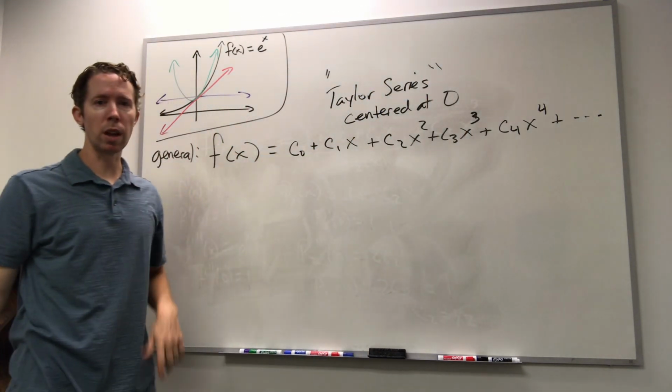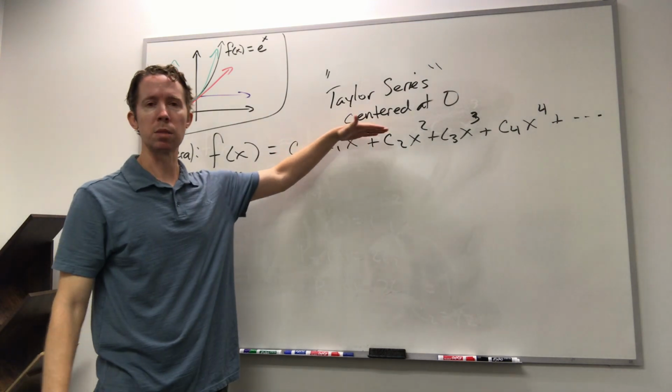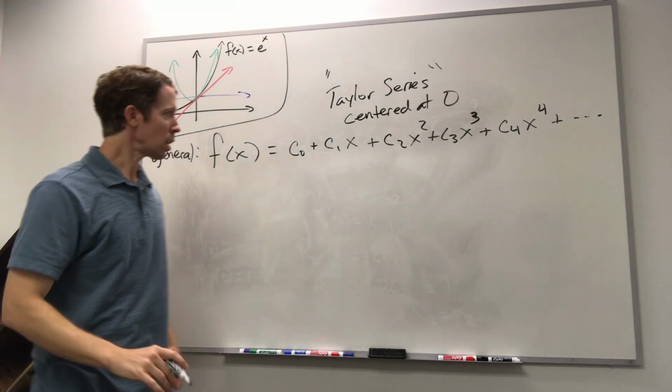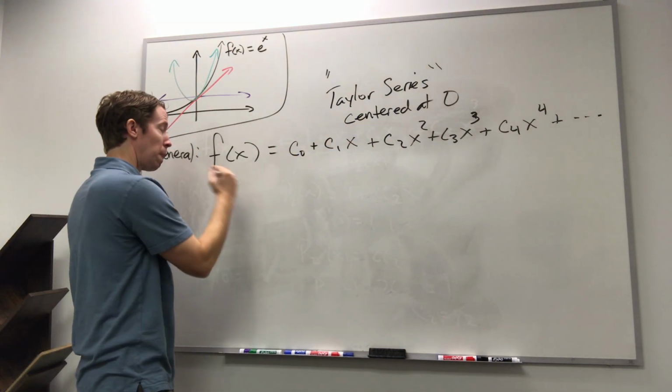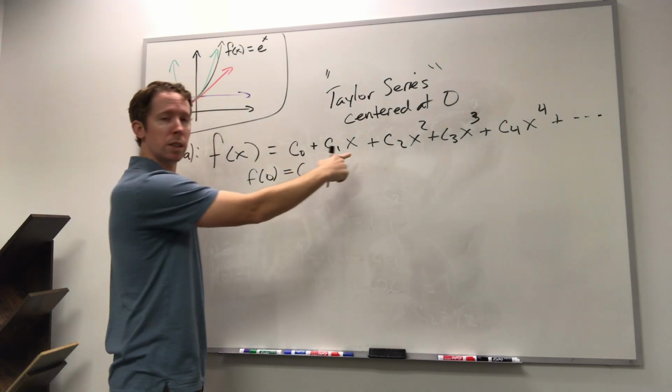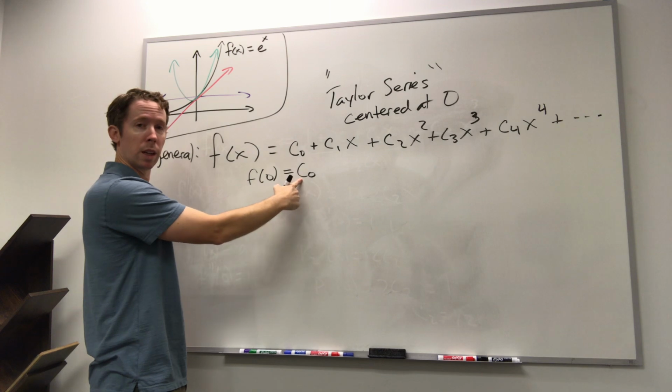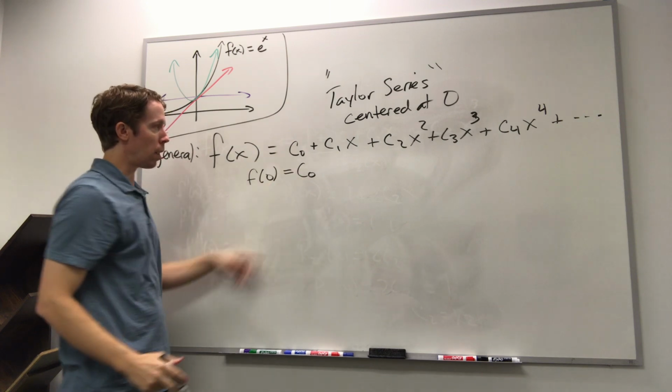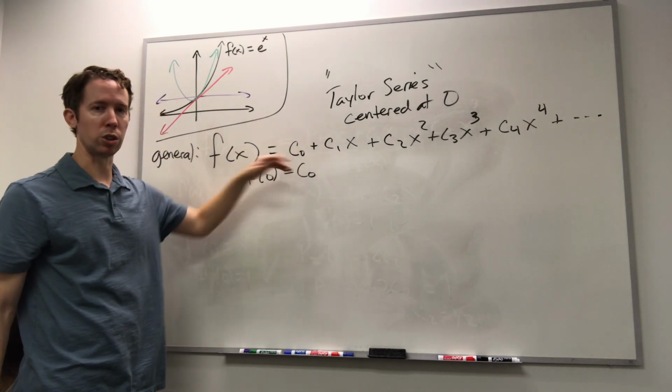There's another technical name for a Taylor series centered at 0. It's a Maclaurin series. Not necessary right now. If I plug in x equals 0 on both sides, I just get c0 on the right. So that's easy. Now I want to find c1 for this general function f.